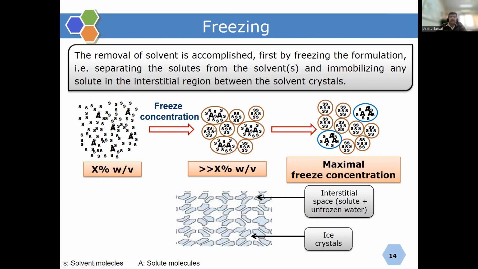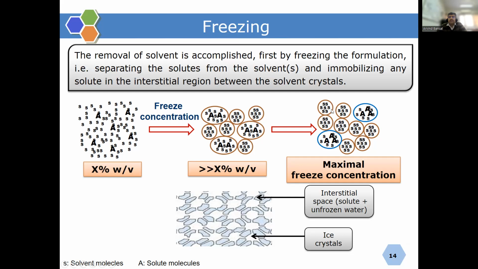If it was water, these SS circles represent formation of ice. Because of formation of ice, some of the water which was earlier participating in the solubilization process will not participate now, and the concentration of solute in the remaining solution will increase. And this increases up to a point which is called the maximal freeze concentration, after which there will be phase separation taking place.